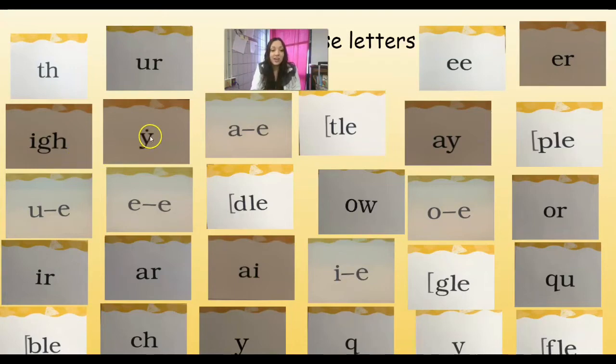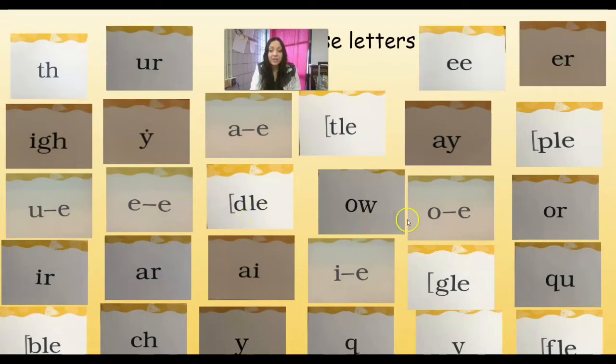What does trigraph mean? If digraph means two letters that make one sound, trigraph is three letters that make one sound. Oh, we have our dot, so vowel Y, A consonant E, final syllable TLE. Digraph AY, final syllable TLE. U consonant E, E consonant E, final syllable DLE. Remember this one?